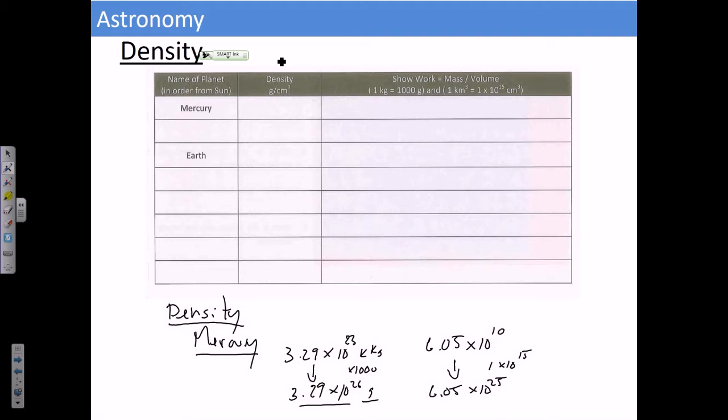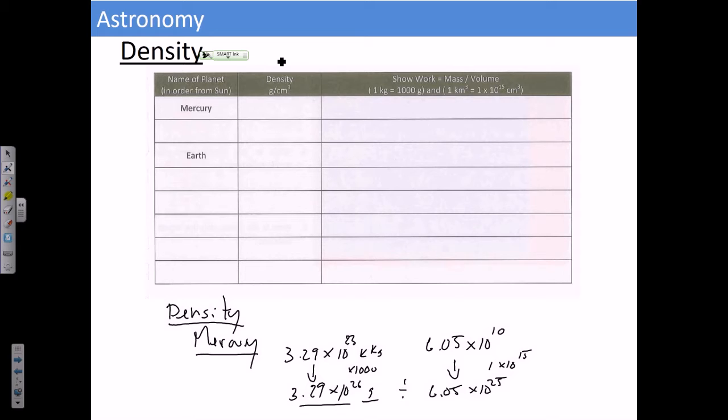Okay, we go ahead and do the mathematics on this, right? It's going to be 3.29 times 10 to the 26th divided by 6.05 times 10 to the 25th. So a big number divided by a small number, even though the decimal values don't suggest that. The exponents make it this way.